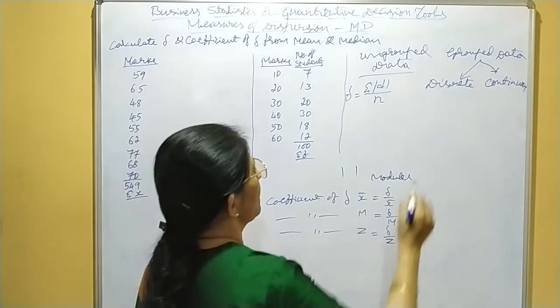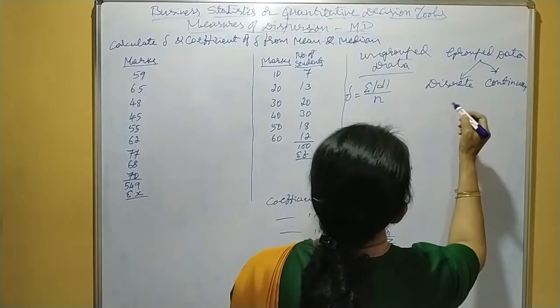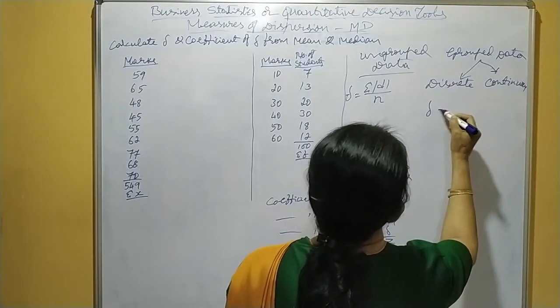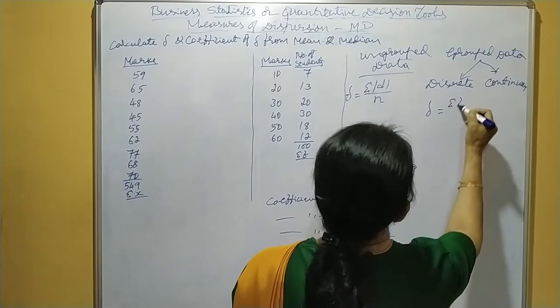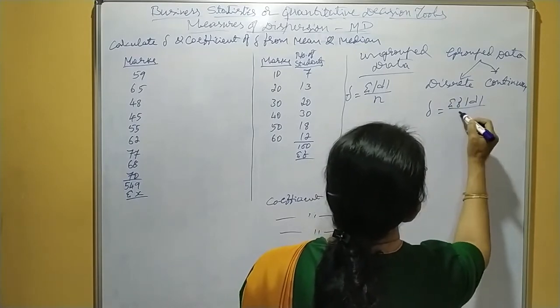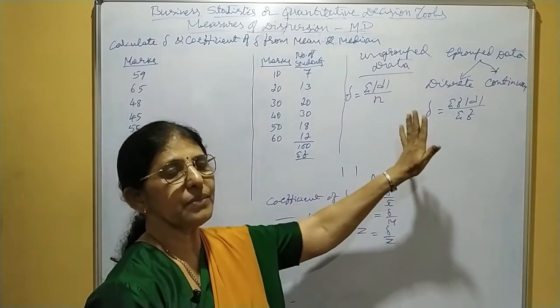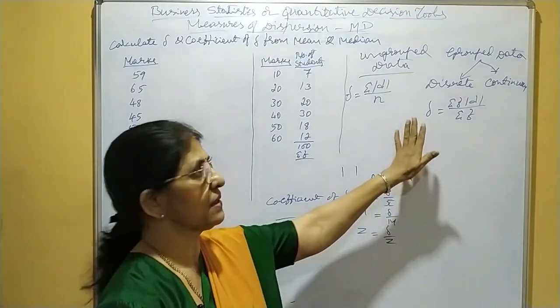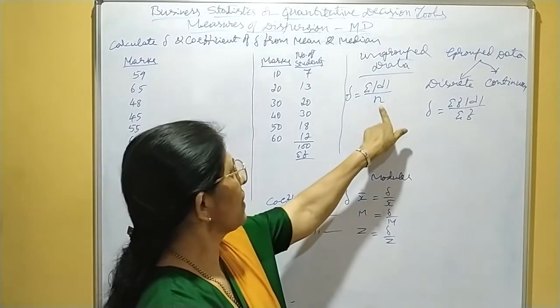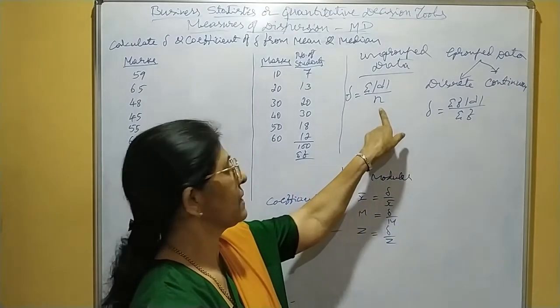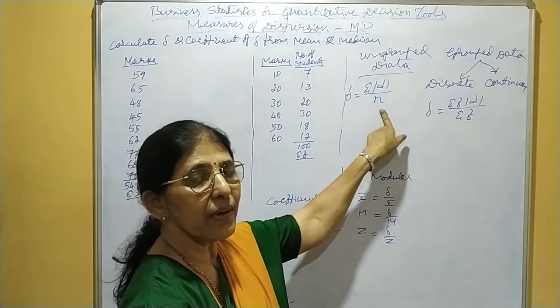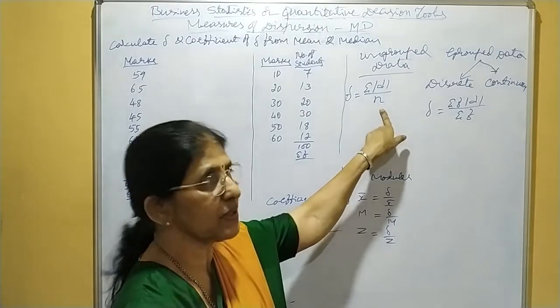Okay. Then under discrete series, mean deviation equals sigma f modulus d divided by sigma f. It is known to you. Ungrouped data means no frequencies, no class interval. Here frequencies are not given, therefore we consider n, that is number of items or number of observations.